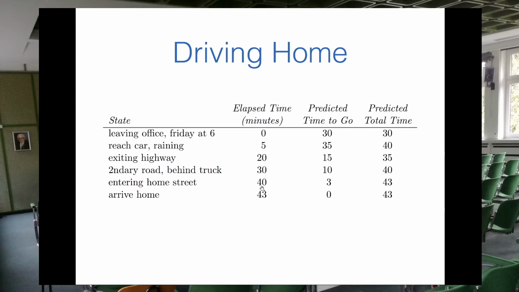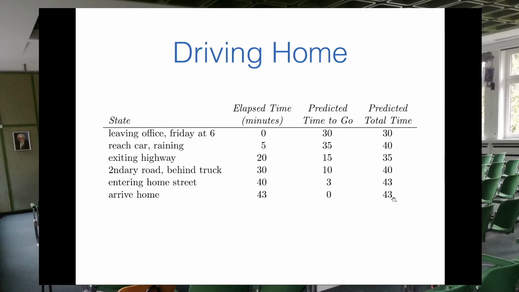You enter the street where you live, and 40 minutes have already passed, and you think that you will need 3 more minutes to get home. So the total prediction now is 43, and at 43 exactly you arrive home, and then the time to go is 0. You have already arrived home, and the total prediction was 43.